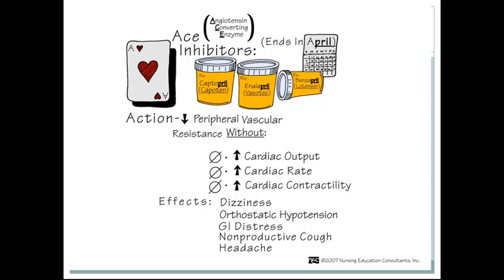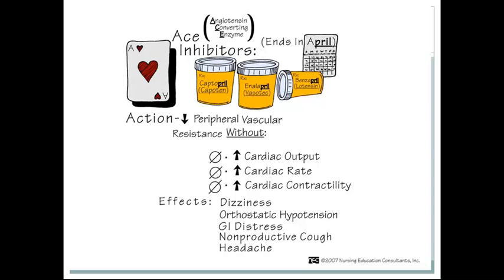But behind our diuretics is the ACE inhibitors. They decrease peripheral vascular resistance without increasing the cardiac output, cardiac rate, or cardiac contractility.